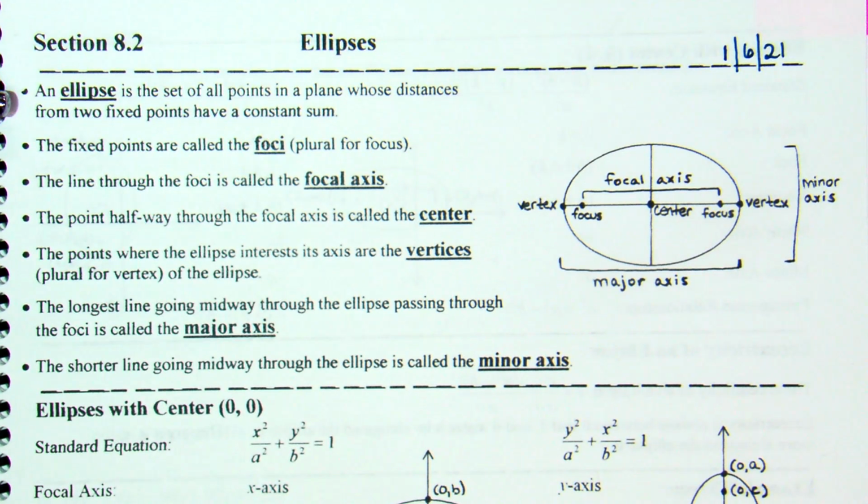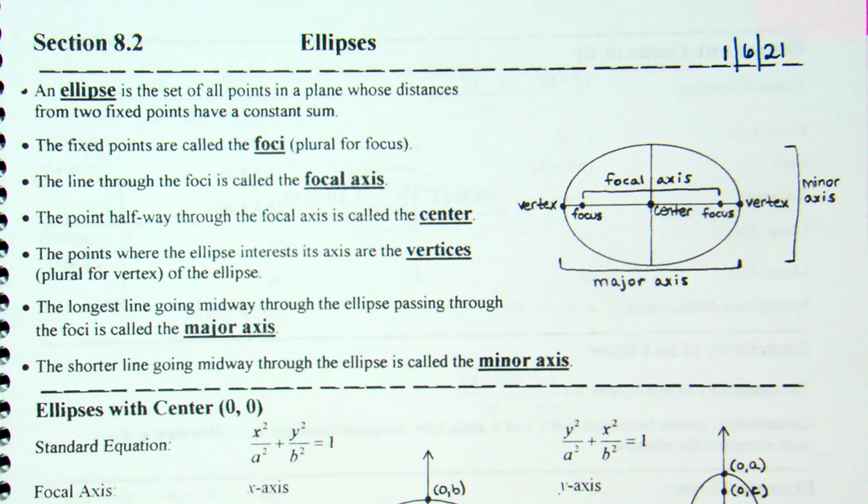Those two fixed points are called the foci. In other words, instead of having one focus, as a parabola has, an ellipse has two focuses, but we don't say focuses, we say foci for the plural. Foci being the plural of focus.